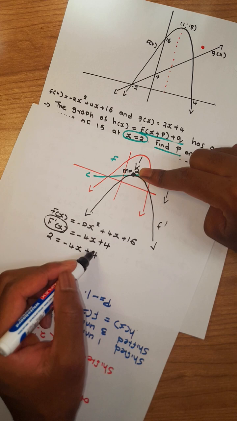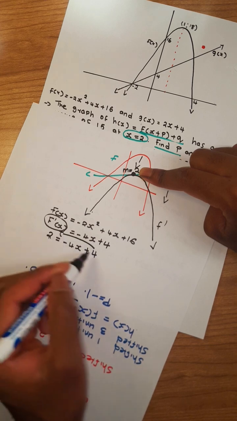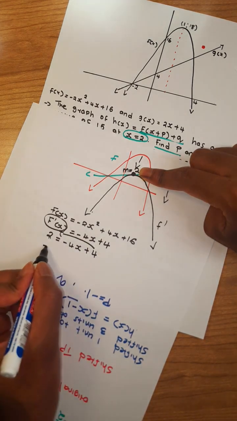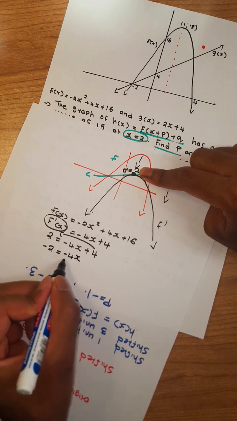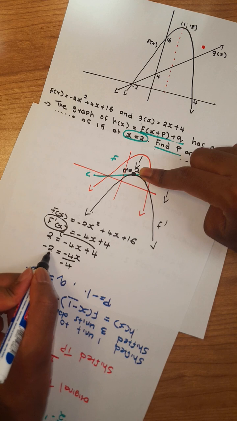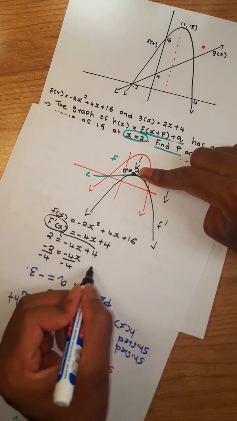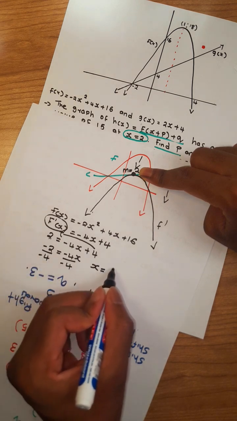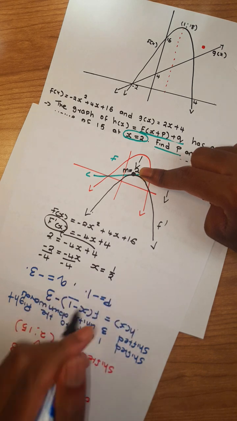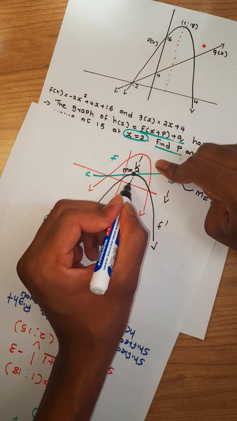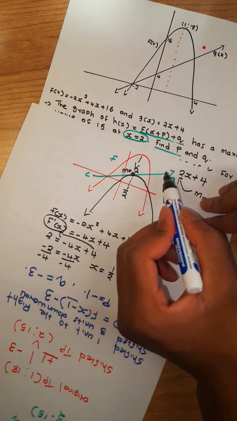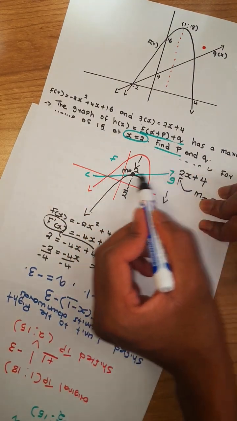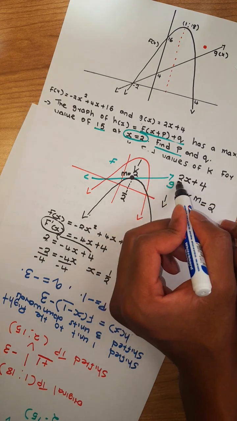So if we take this one to the other side, we're going to have 2 minus 4. That becomes minus 2, and we're going to have minus 4x. So if we divide both sides by minus 4, we find that the value of x is going to be 1 over 2. So we now know that the x value of this point is 1 over 2. So if we go to the function of a straight line, we know it is 2x plus 4.